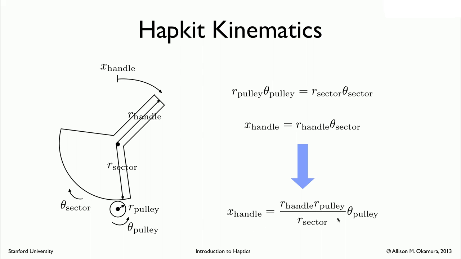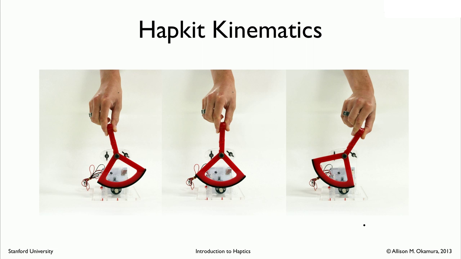Your haptic device has already physically been built for you, so you can actually measure these quantities and figure out what this relationship will be. Here is just a quick example of the real physical haptic paddle, showing some different positions.